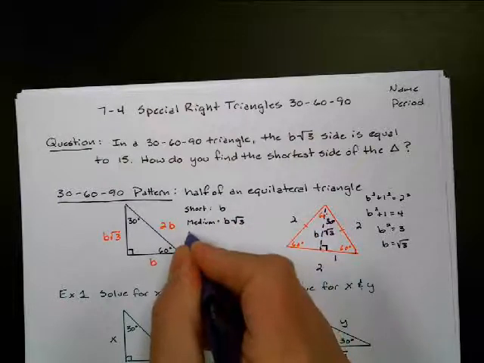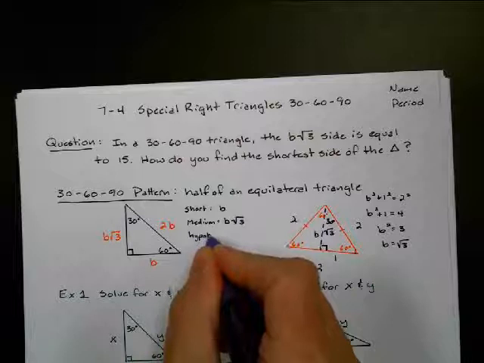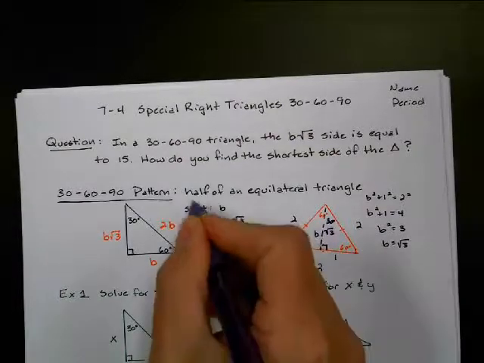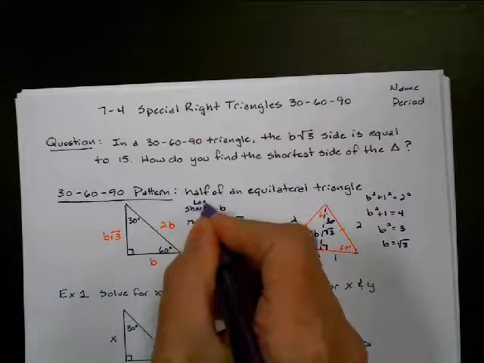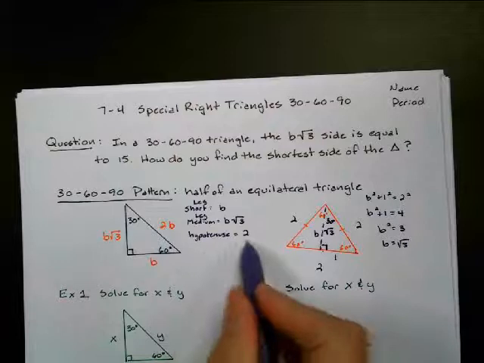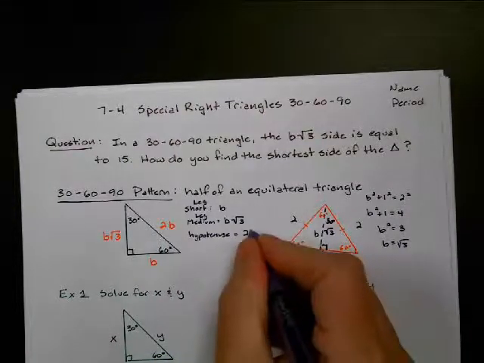And then the hypotenuse is going to be 2B. So remember, this short one is a leg, and this medium one is also a leg. And then the hypotenuse will always be 2B in the pattern.